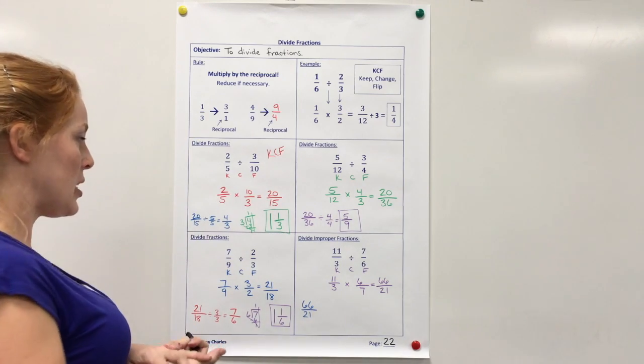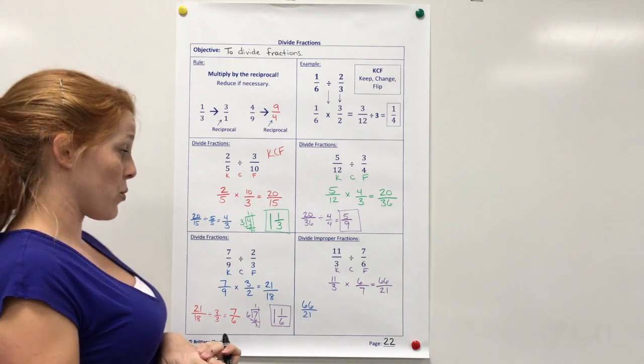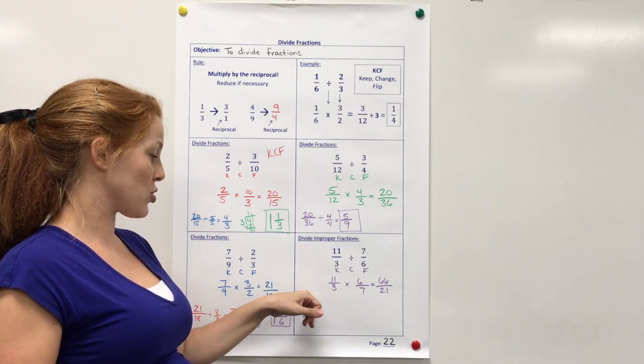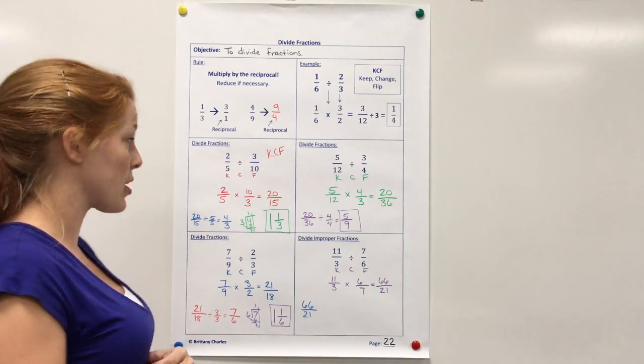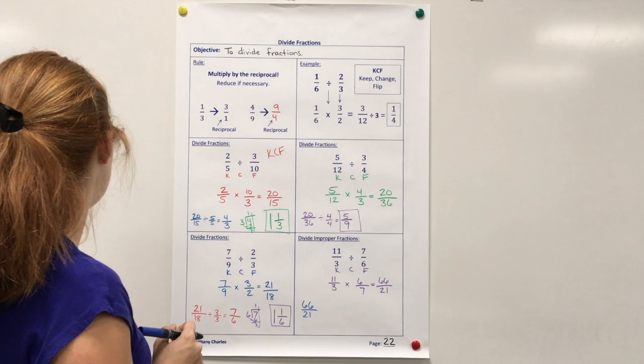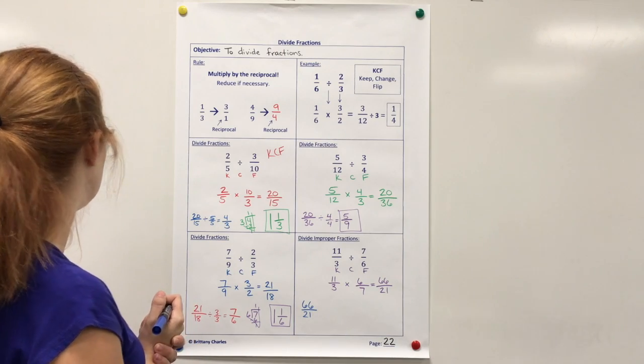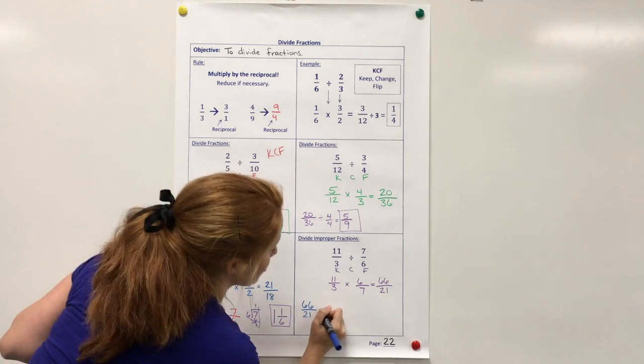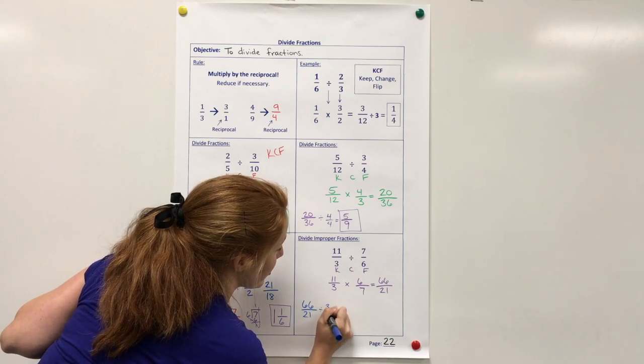Let me think. They're not both even, so 2 is not going to work. 6 and 6 makes 12, and 2 and 1 makes 3, so 3 would work. Let me think if there's anything that I could do that would be better. I can't think of it, so let's divide by 3 over 3.